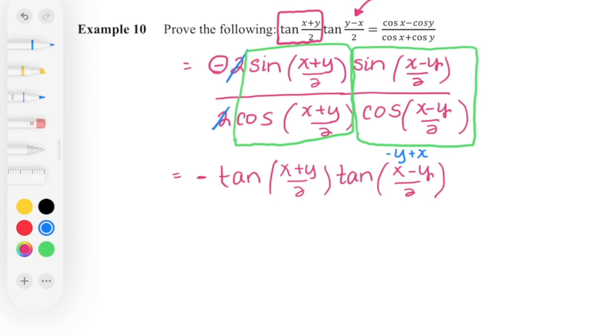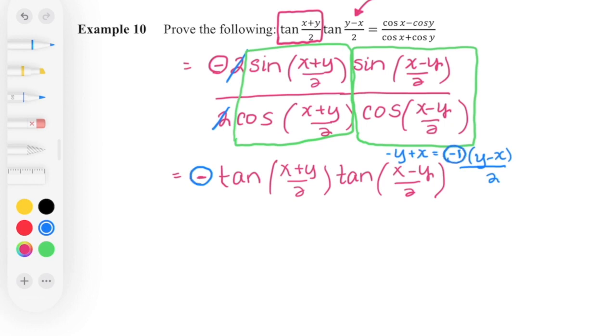But what I can do is factor out a negative 1 so that we would have (y minus x), still over 2, and utilizing our even and odd identity, this negative would pull out front.